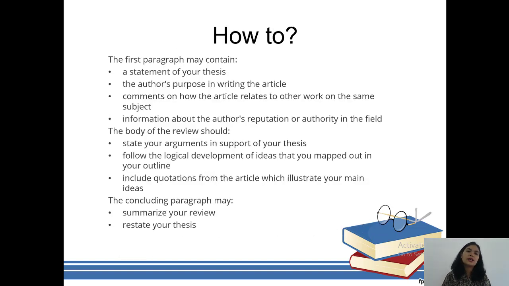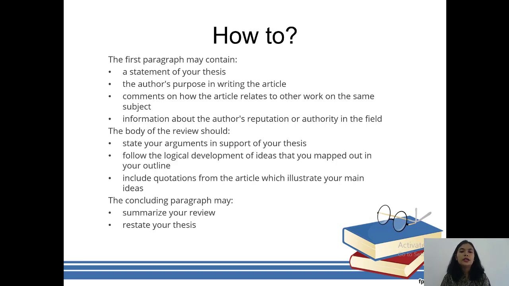It consists of at least 3 paragraphs. The first paragraph contains the statement of your thesis, the purpose of the author in writing the article, comments on how the article relates to other work on the same subject, and information about the author's reputation or authority in the field.